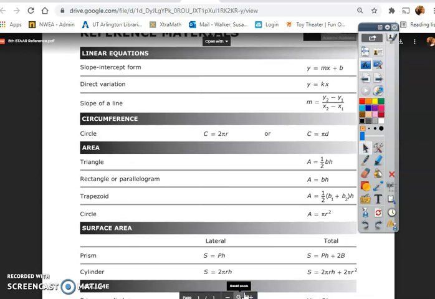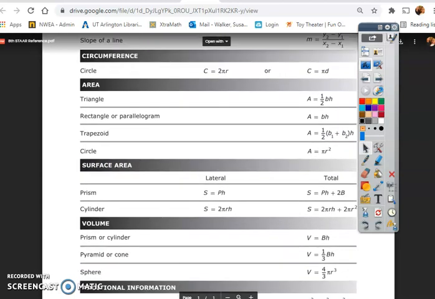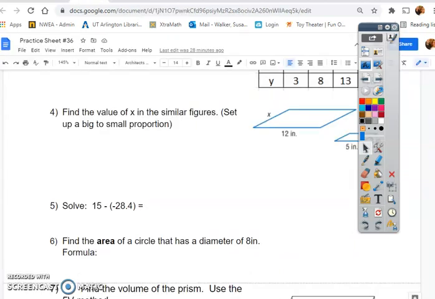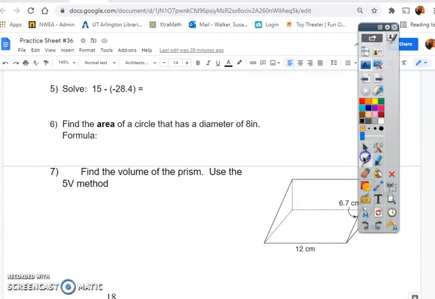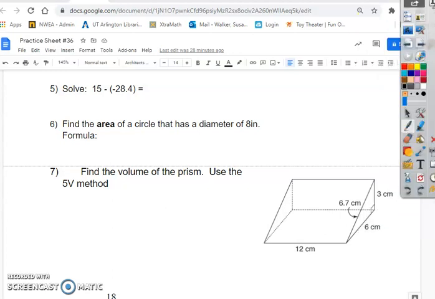Area of a circle, pi r squared. So A equals pi r squared. Always write your formula, guys. I'm going to leave room on the other side to show my work.